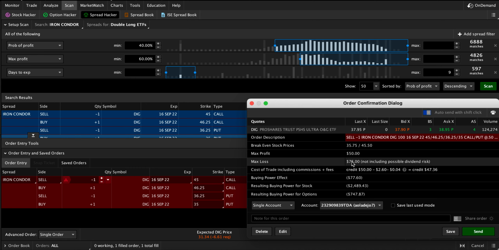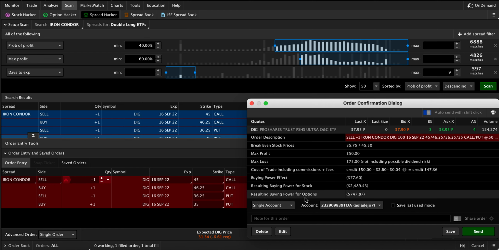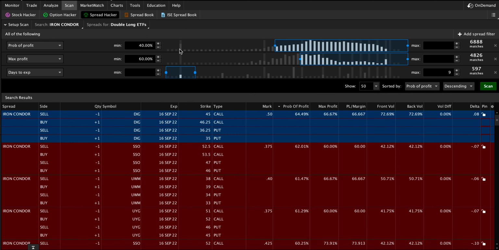So this is a very good risk reward and probability here. Buying power effect, $77. So it's pretty nice. I just wanted to touch on that, and hope that this helps someone to continue to test out selling iron condors.